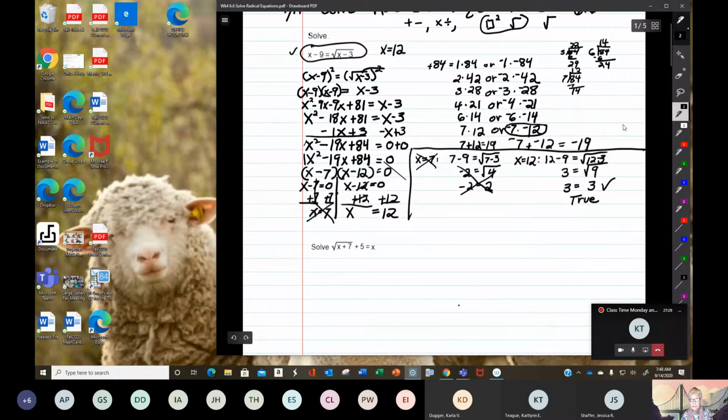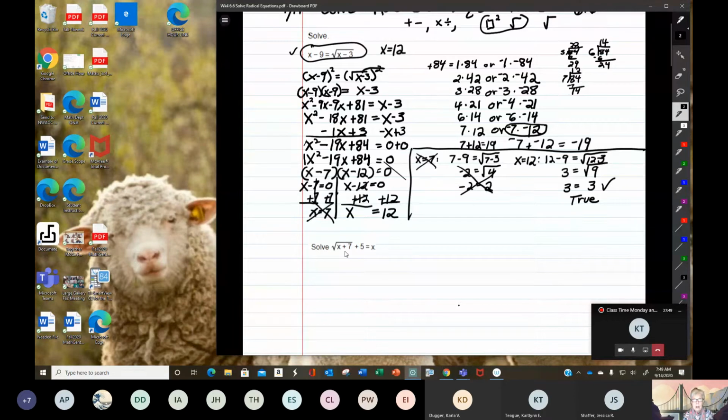Okay, next problem is a little bit different. We have: solve the square root of x plus 7, and then outside the radical, plus 5 equals x.